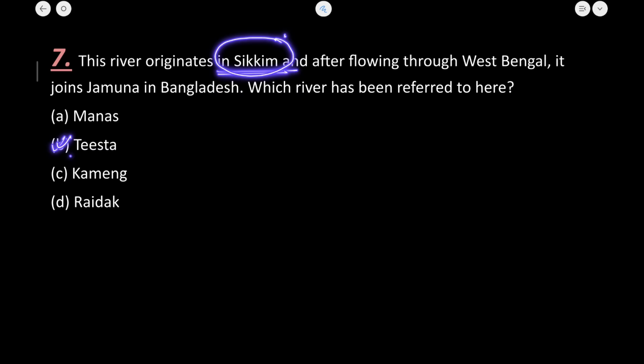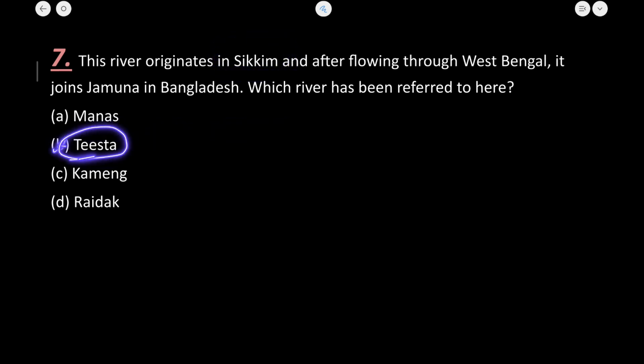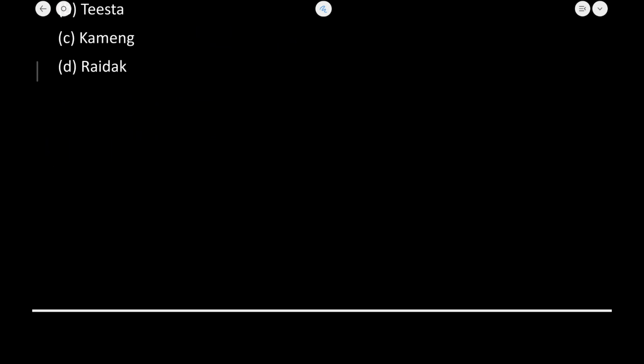I have already told this in the explanation part. And this Teesta river is a tributary of Brahmaputra and it is known as river Jamuna in Bangladesh. So I hope the fact is clear. Teesta is going to be the correct answer to this question.